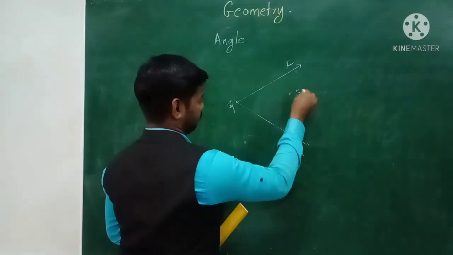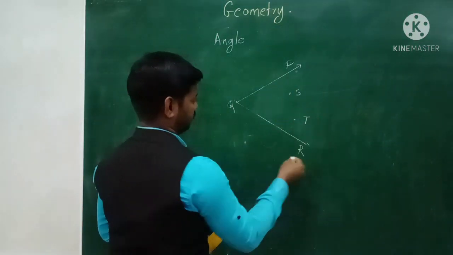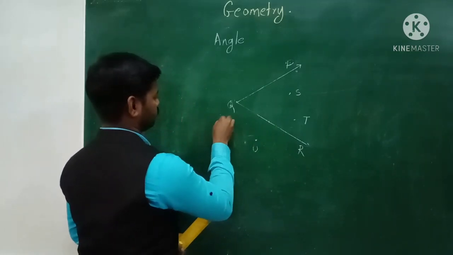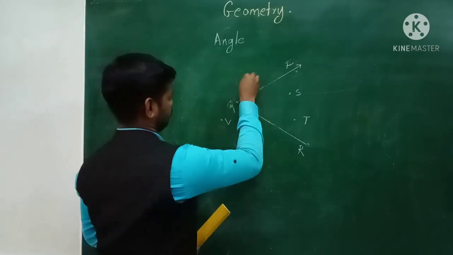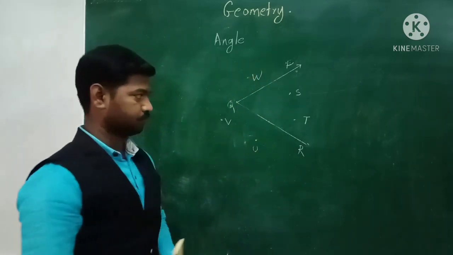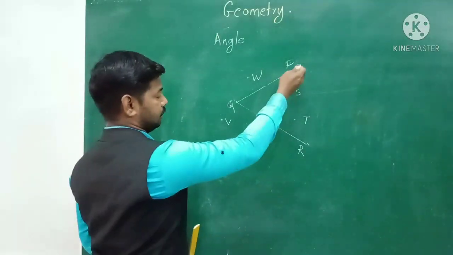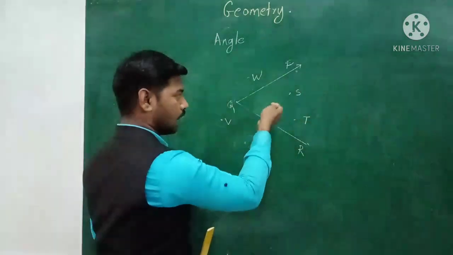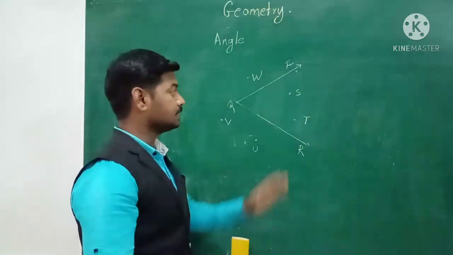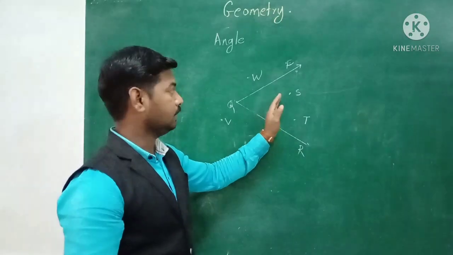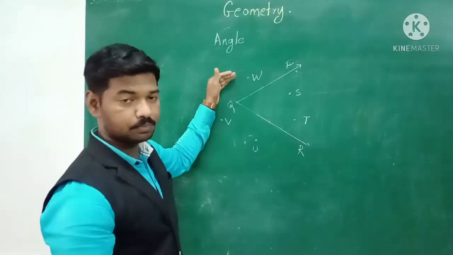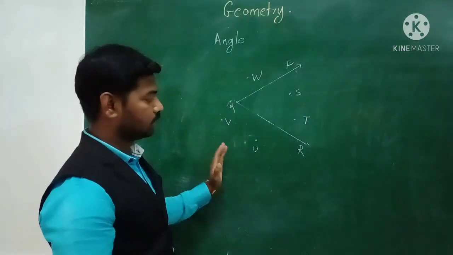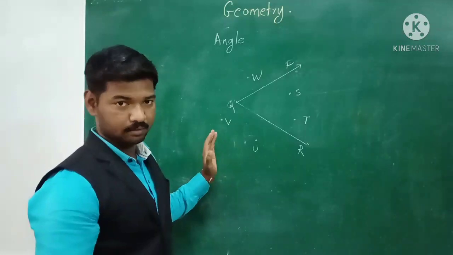The inside part in between two rays or two arms of the angle is known as the interior of the angle, and the outside part of the two arms is known as the exterior of the angle.